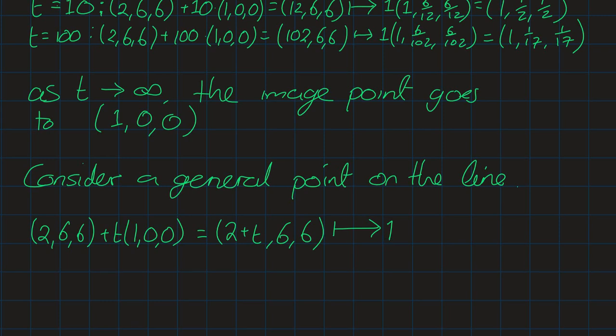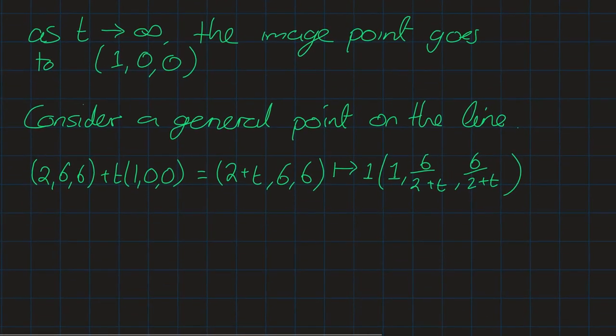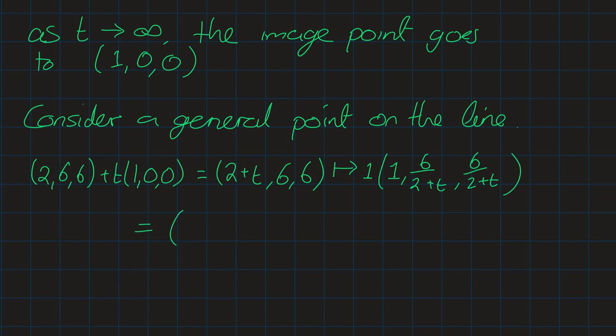So centrally projecting this point right here is going to give me (1, 6 divided by 2 plus t, 6 divided by 2 plus t).